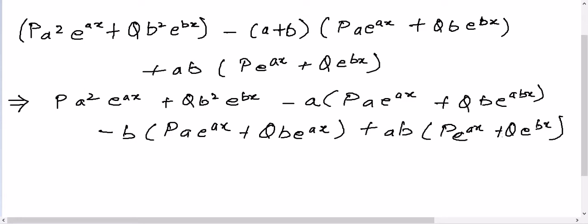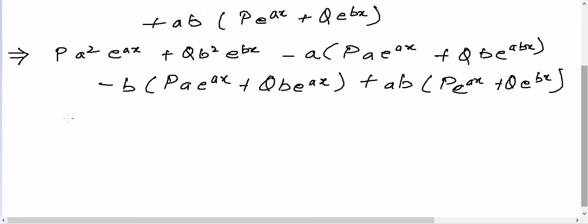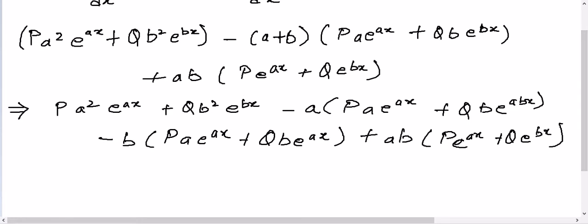Next step, let's open all the brackets. Guys, in this step I am repeating again; we just have broken down this whole term to make things clear. I guess it helped.